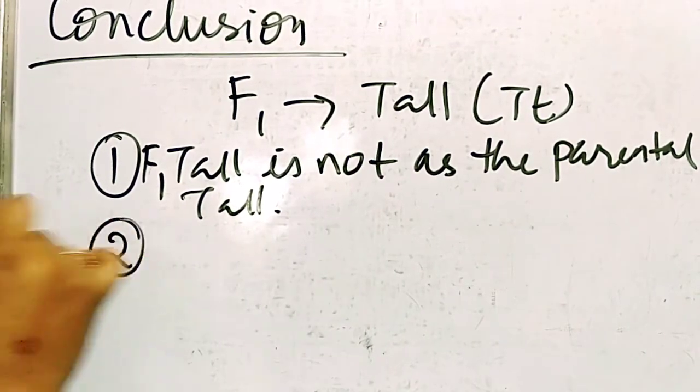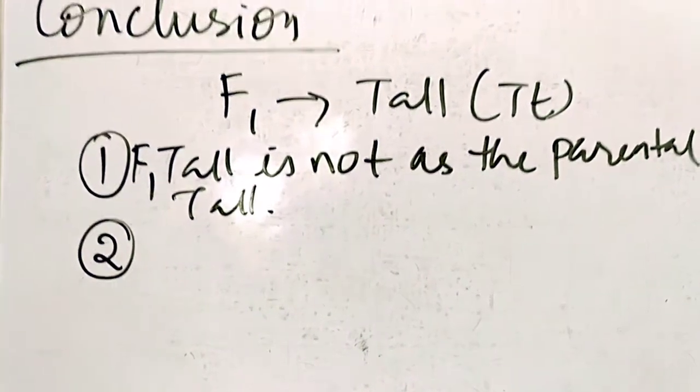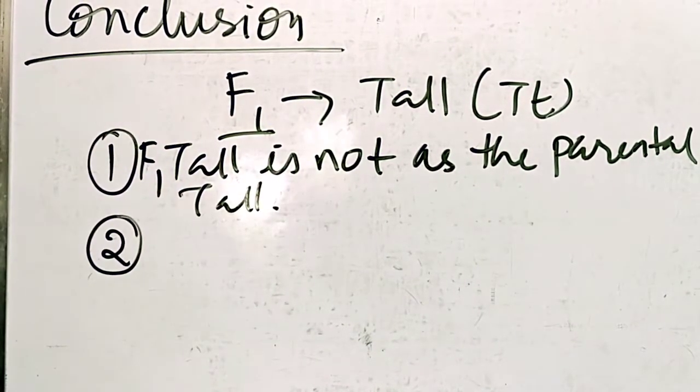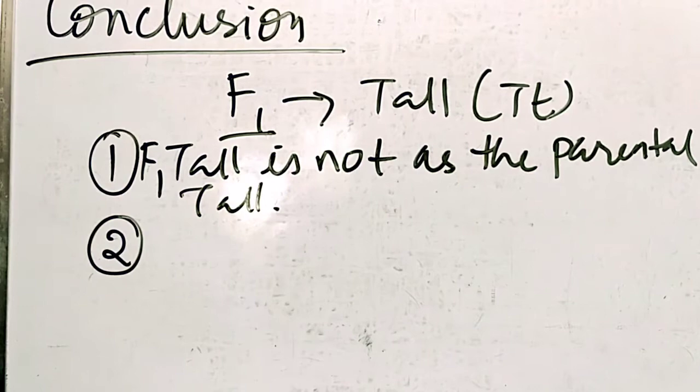The second thing he got to know from the conclusion is that the offspring of the F1 generation has both alleles, tall and dwarf.